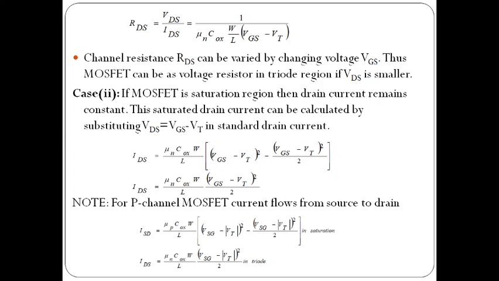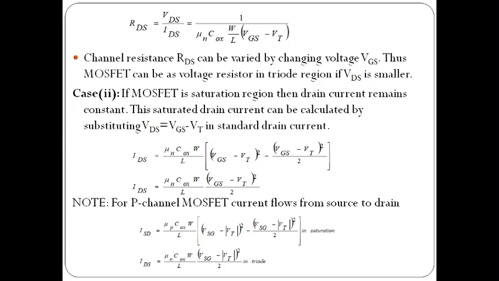Then we get IDS equals to mu n Cox W by L ((VGS minus VT) whole square minus (VGS minus VT) whole square by 2). By simplifying, we get IDS equals to mu n Cox by 2 W by L (VGS minus VT) whole square. This is the drain current if the MOSFET is in saturation region.